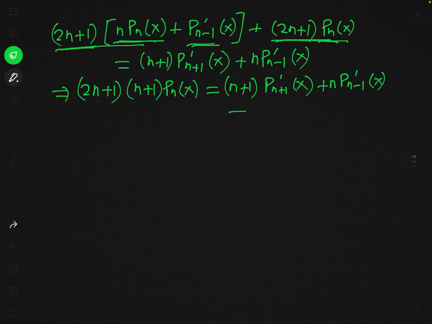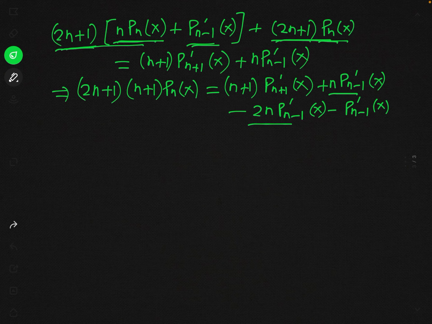So this will be actually minus 2n Pn minus 1 prime of x and minus Pn minus 1 prime of x. I have taken this second term in LHS in RHS, and so this becomes negative. So now you can see actually here is minus 2n Pn minus 1 prime of x and here is n Pn minus 1 prime of x.